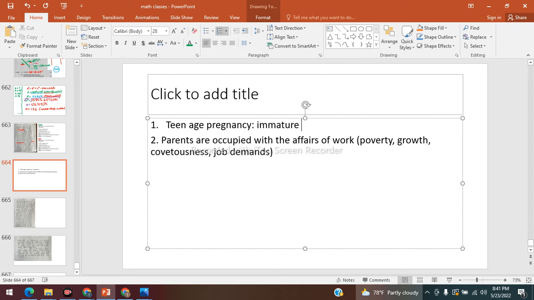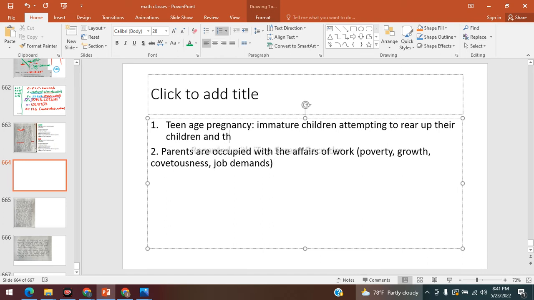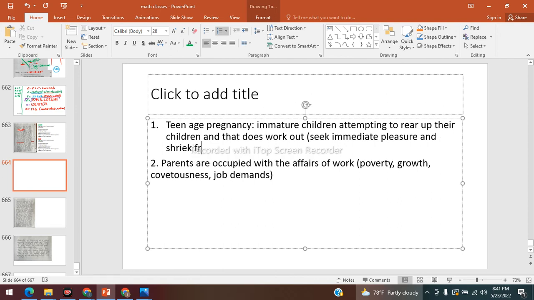So we have immature children, should I say, attempting to rear up their children, and that doesn't work out, because they are children, because they are immature, they seek immediate pleasure and shrink from taking on responsibility. Raising up a child is a lot of work.